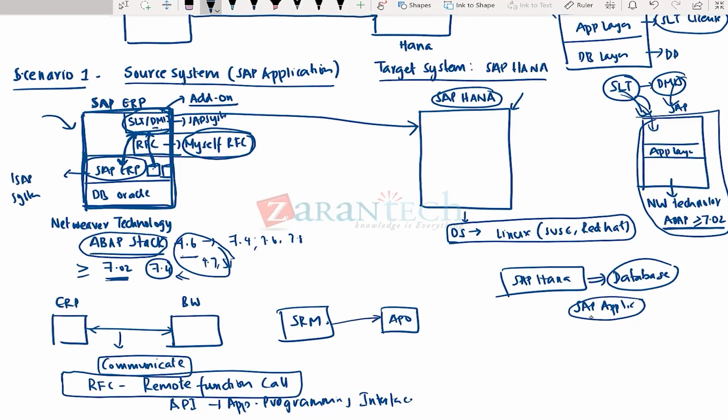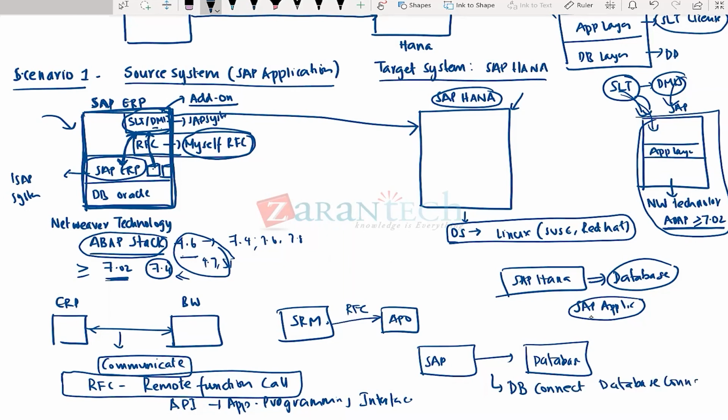When an SAP application is talking to a database, the communication technology used is called DB Connect, Database Connect. So the communication that is going to send data from my SLT SAP system into SAP HANA is going to use a DB Connect technology.